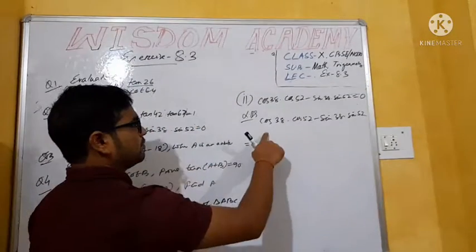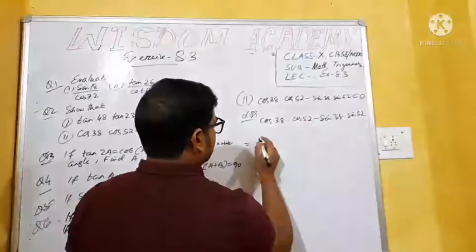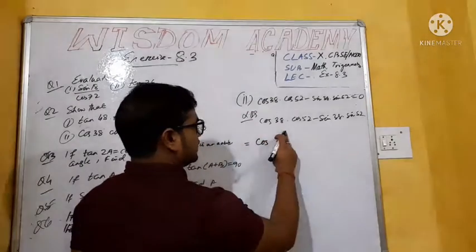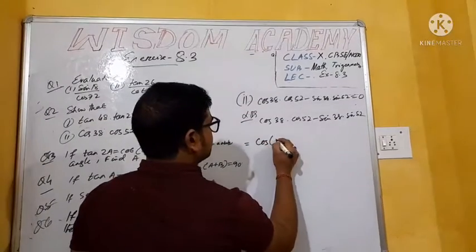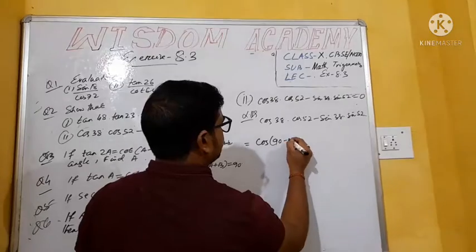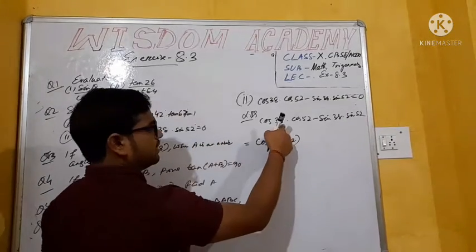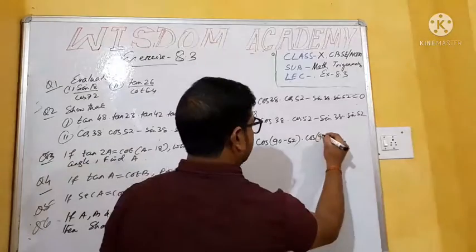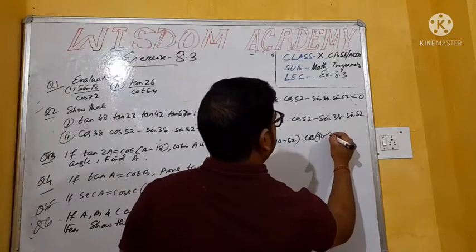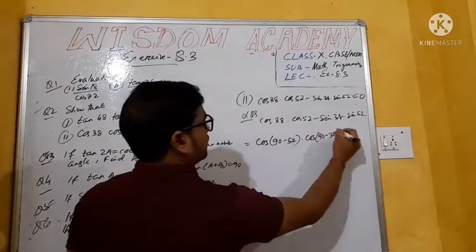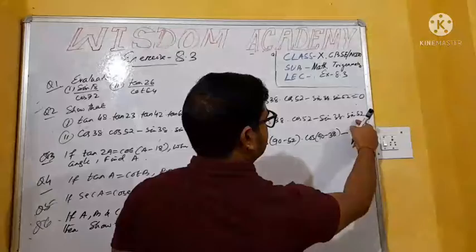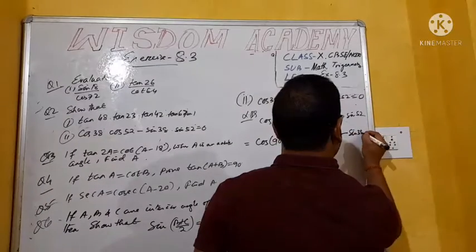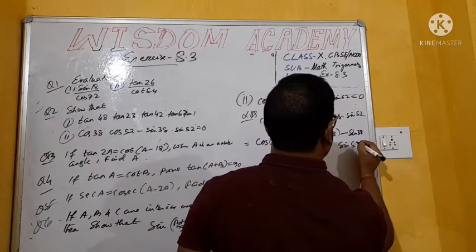Starting with cos converted to sin, using 90 minus theta: cos 38 is cos of 90 minus 52, and cos 52 can be written as cos of 90 minus 38. The term minus sin 38 into sin 52 remains the same.